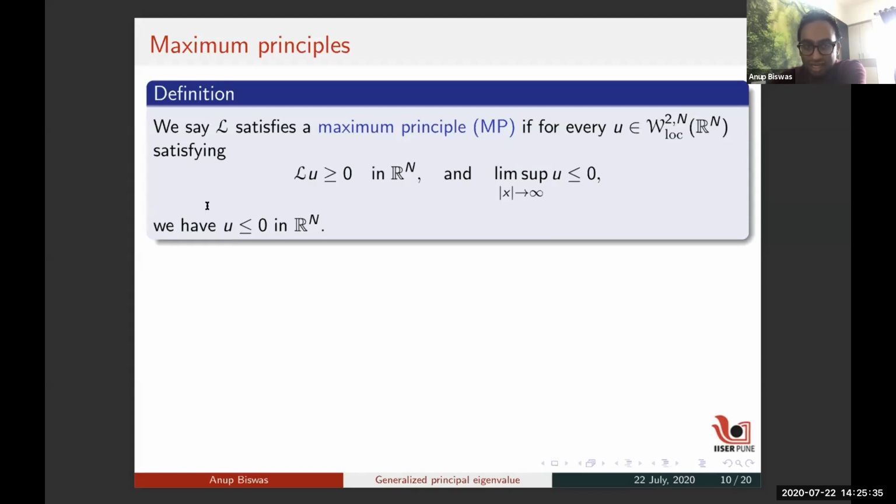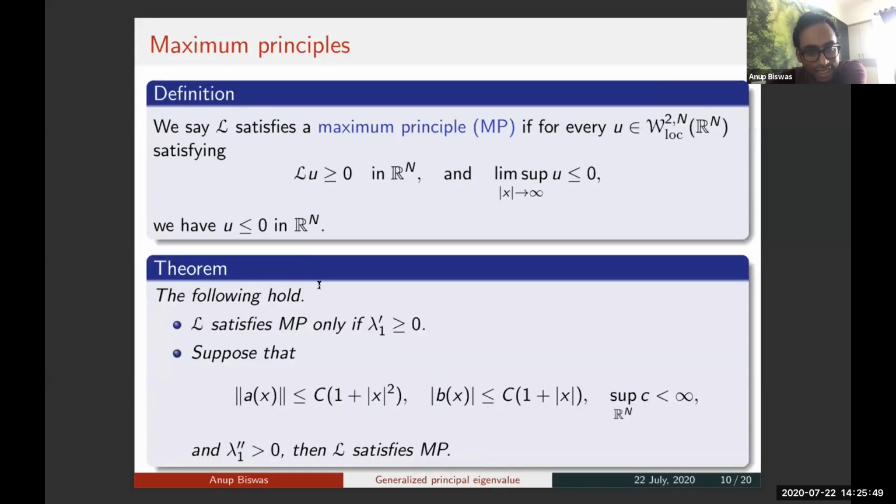The question, of course, is whether just by looking at the principal eigenvalues of L, I can say that it has a maximum principle. In fact, it is not lambda 1 that characterizes it, but the other ones, lambda 1 prime and lambda 1 double prime. These two quantities determine the maximum principle. L satisfies the maximum principle only if lambda 1 prime is greater than or equal to 0, so that is a necessary condition.